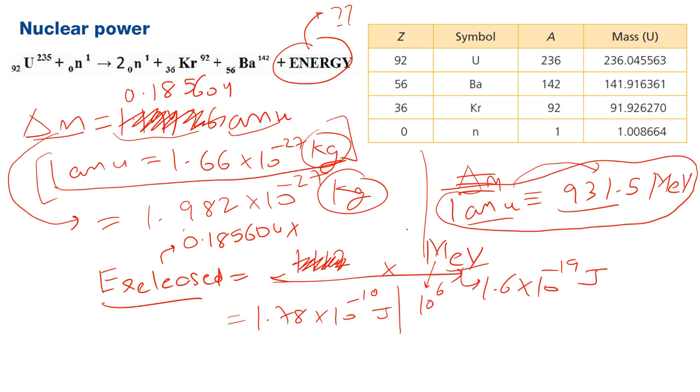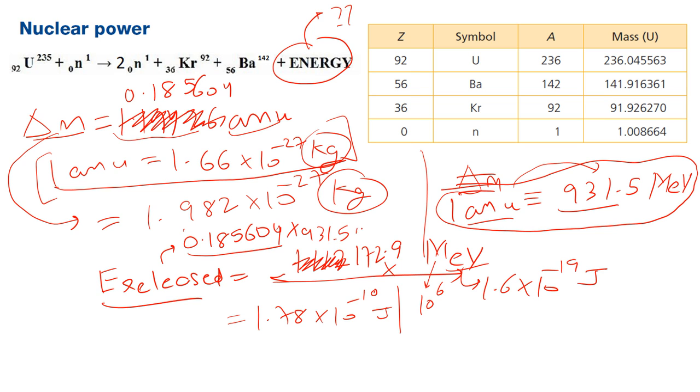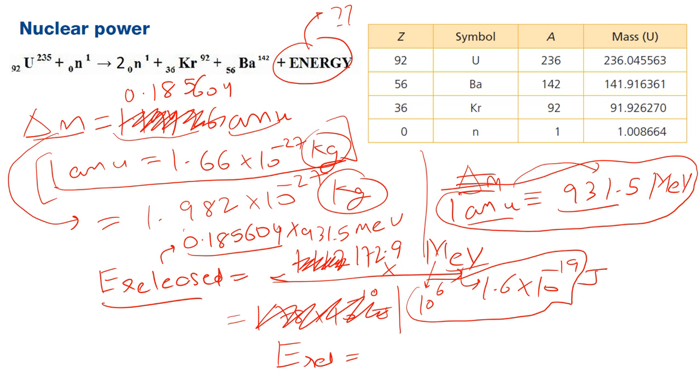Right, this is found by multiplying the mass defect with 931.5 mega electron volts, so we get 172.9 mega electron volts. Now if I want to convert this into joules using this conversion factor, tell me what is the final energy in terms of joules.